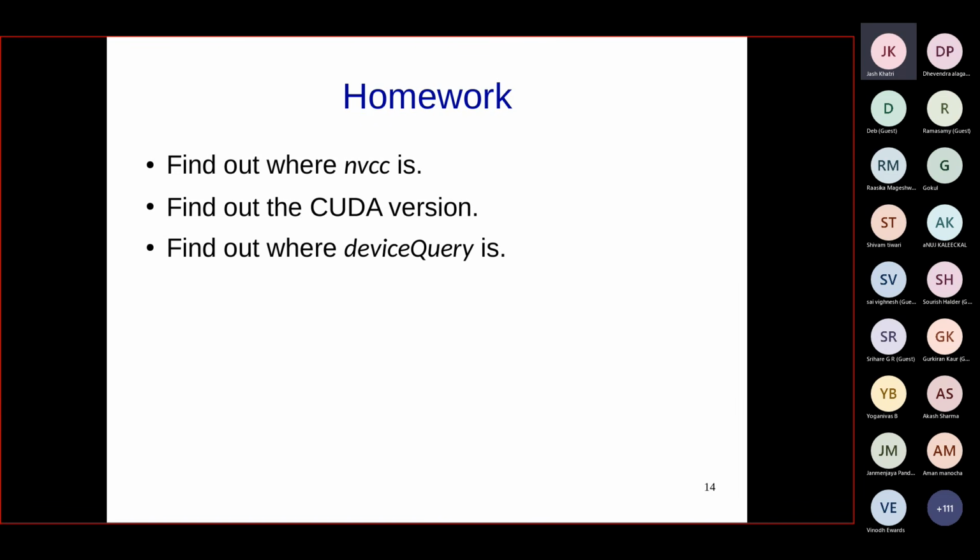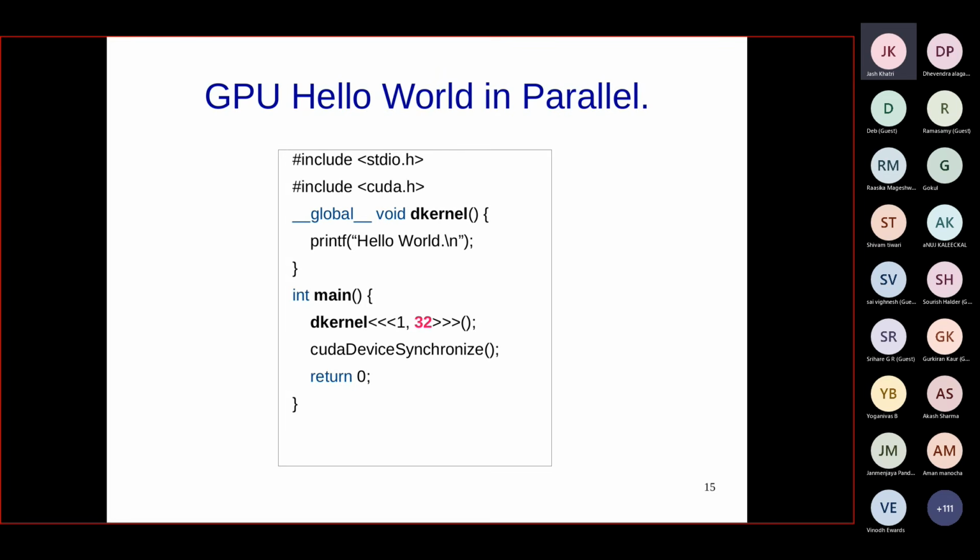And third, you can check what deviceQuery is, and learn more about it: what it is and what its use is. So please try these 3 things offline. Yeah, going to the next slide.